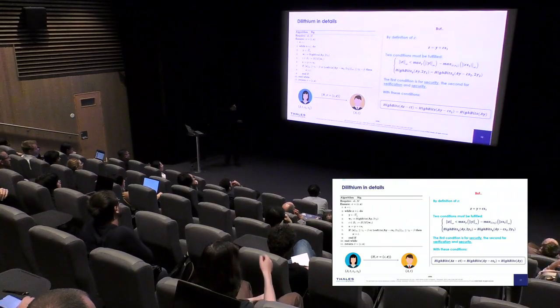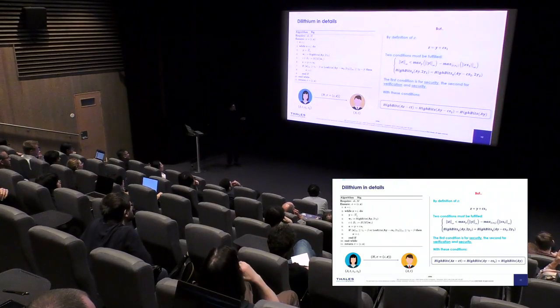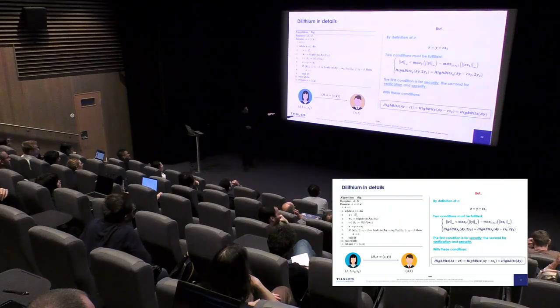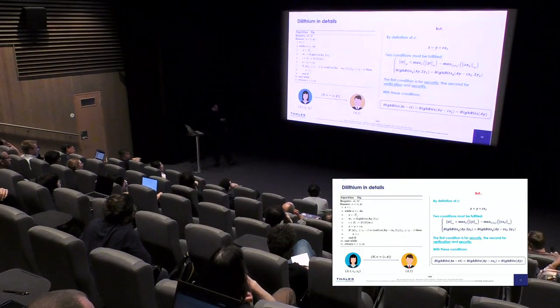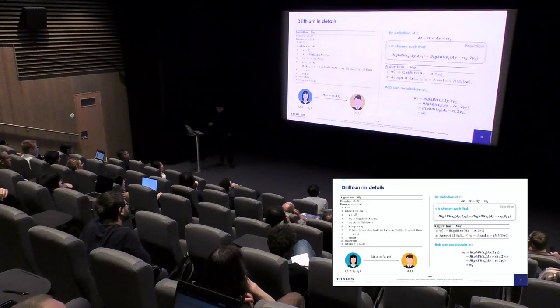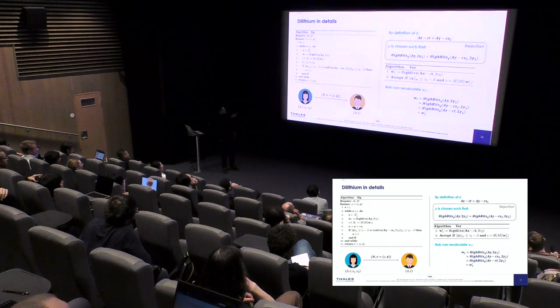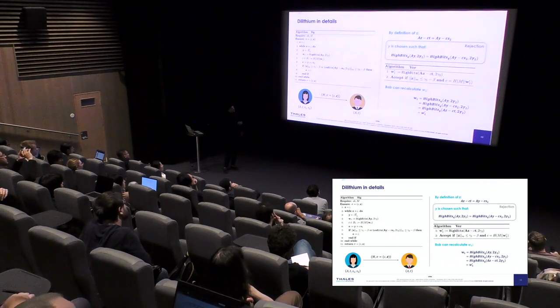So at the end, if we choose the nonce and Z correctly, we will have the following inequality. The inequality on the left is by pure definition of Z, while the one on the right is by rejection. So we draw a response Z which verifies this equation, and we use the rejection to choose a correct nonce, which verifies this inequality.